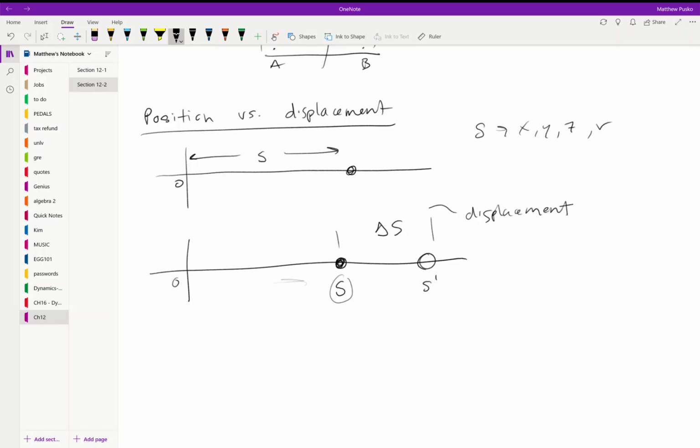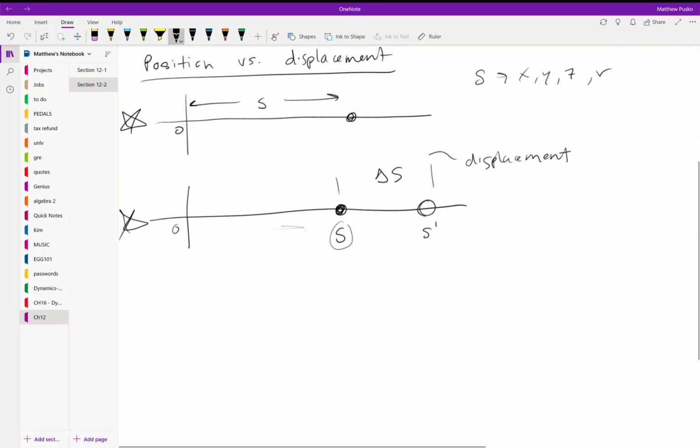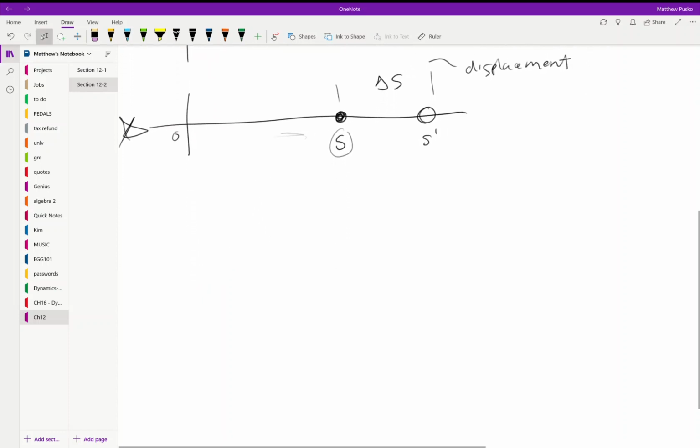So in order for displacement to occur, some time had to have passed, something had to have happened. One points a finger at where an object is, the other one tells you where something moved from one point to another. And we can say delta S is equal to some S prime minus S then.